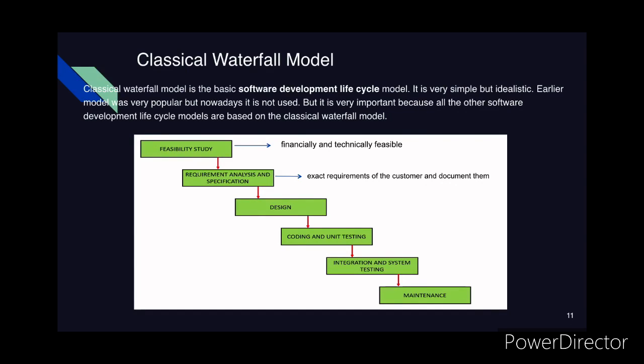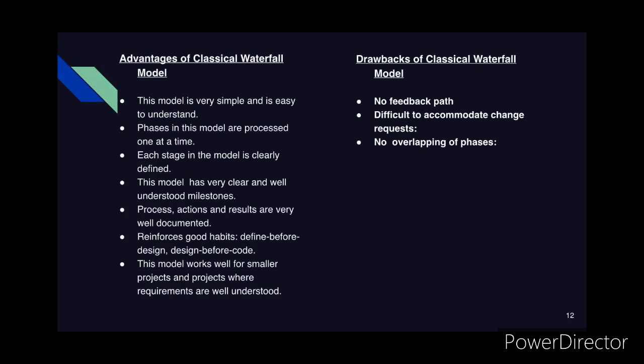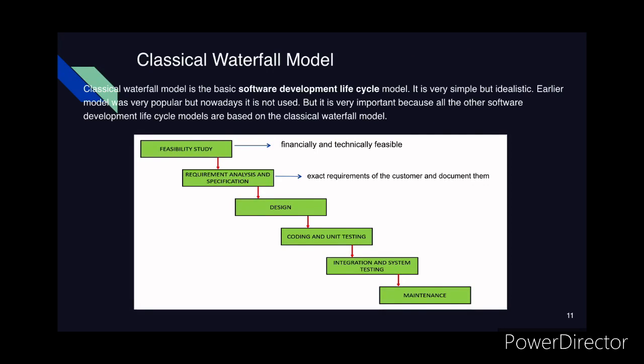Until and unless you give a final product or software to a customer, he or she cannot give you feedback. So no feedback path is there, hence it is very difficult to accommodate change requests, as from one phase we can only move to the next phase with the completion of the previous phase.